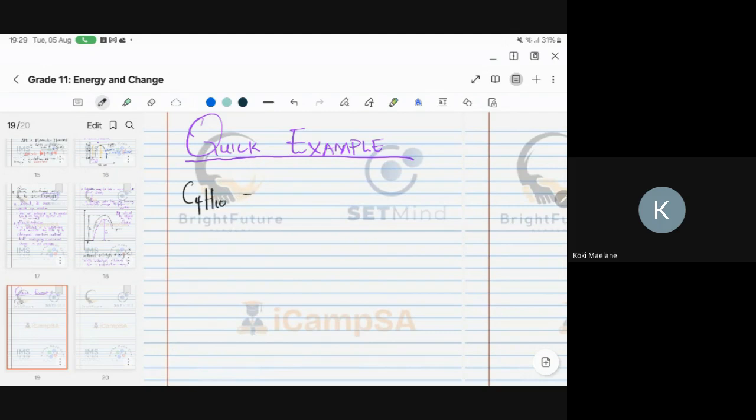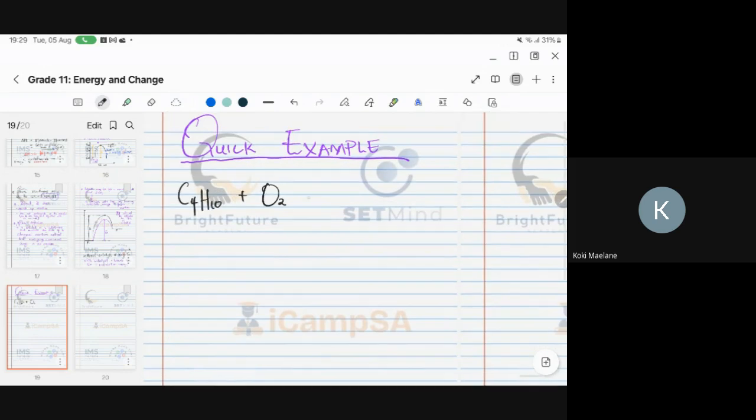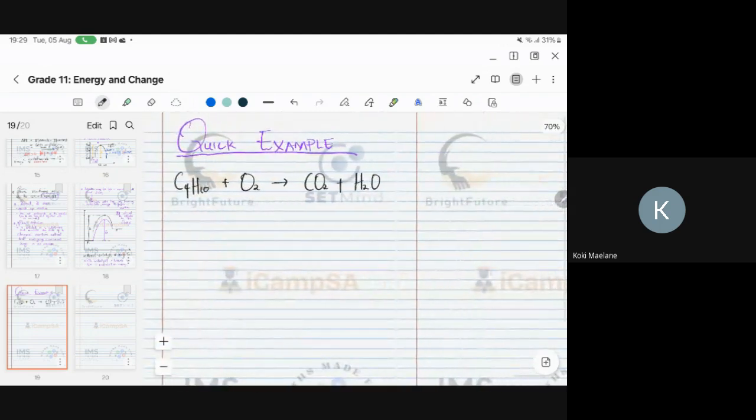Let's say you're burning butane. Remember, every combustion reaction, there's just oxygen there, and then you have carbon dioxide and water always being the products. Combustion means you are burning something. You will get the reactant and oxygen, and there will always be water and carbon dioxide being released. That's just a side note, but that's not our point for now. So obviously this reaction would have to be balanced.